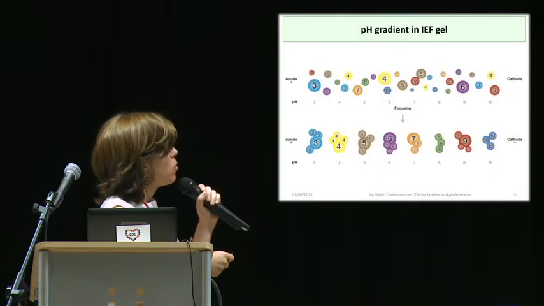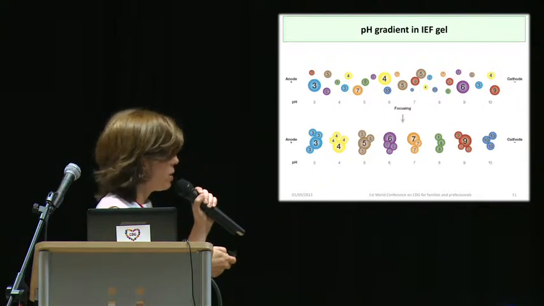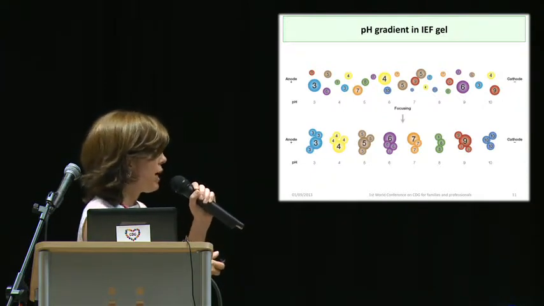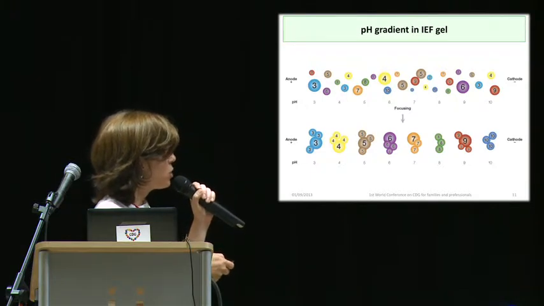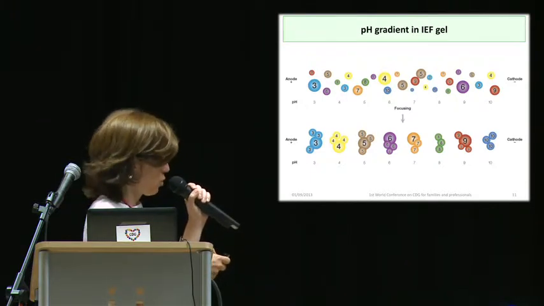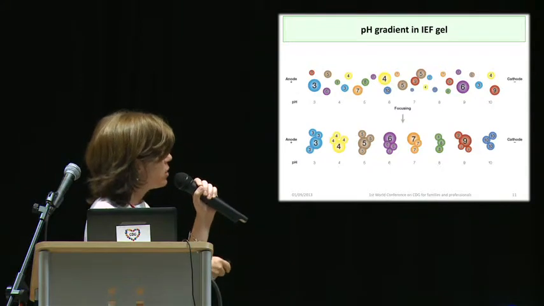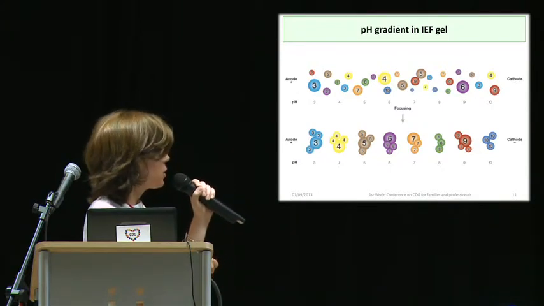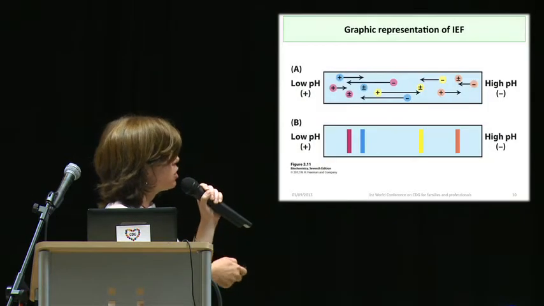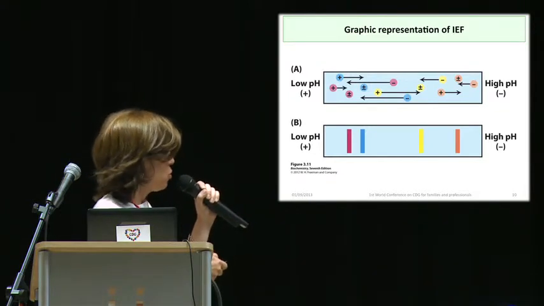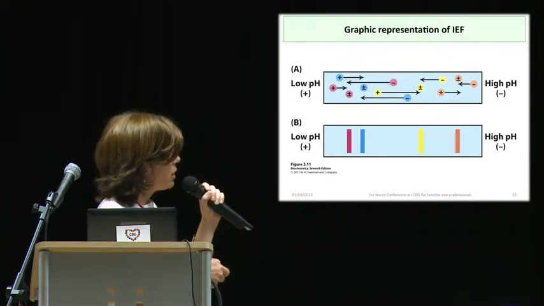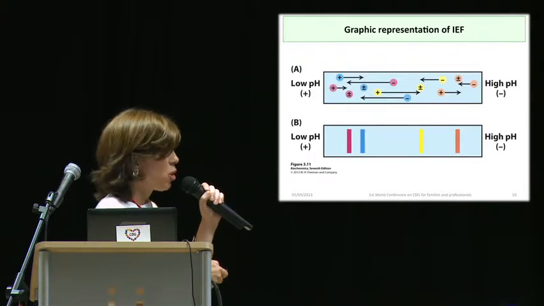So we prepare a gel with small molecules that we call ampholytes, that after an electric field create a gradient of pH. In this situation, when we apply a protein, the protein will move to its isoelectric point and stop when it reaches it.